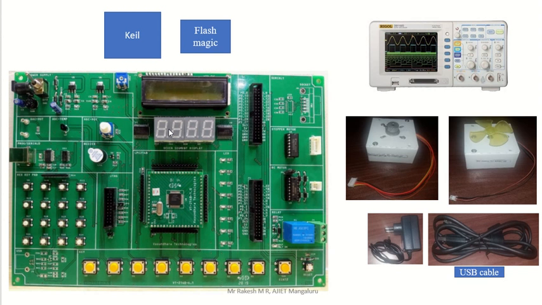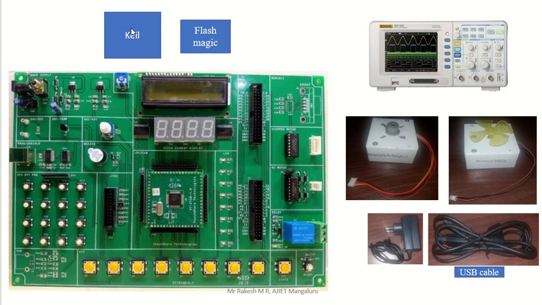So we are going to use some devices in the lab experiments. One is a software part, that is the Keil software. Another is the FlashMagic software. In Keil software, we write our source code and convert it into a hex file.